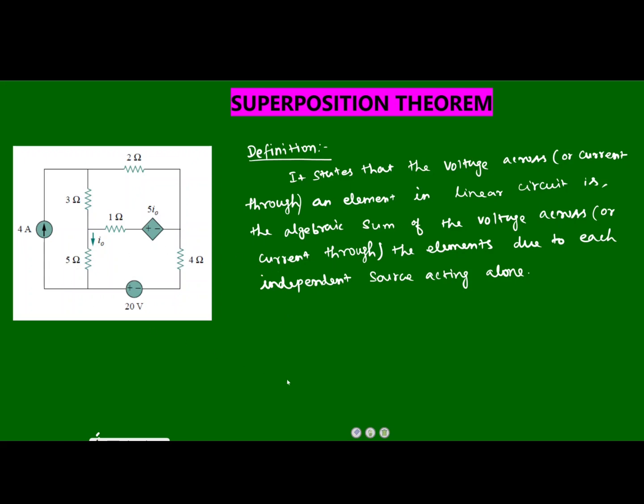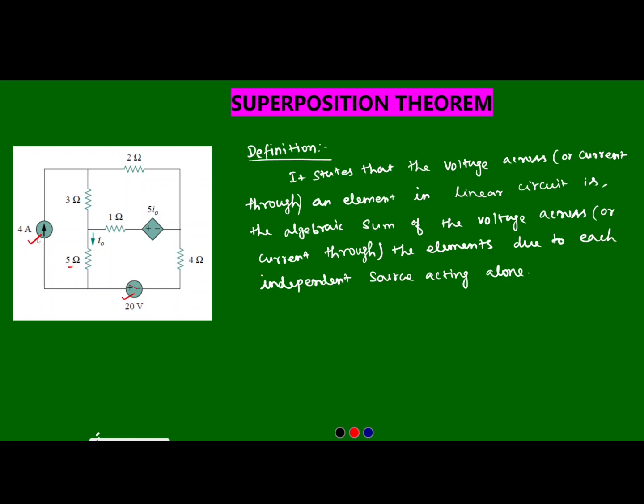For example, in this circuit we have one current source and one voltage source. To find the value of current through the 5 ohm resistor, we first turn off the voltage source and find the current through the 5 ohm resistor with the 4 amp current source.